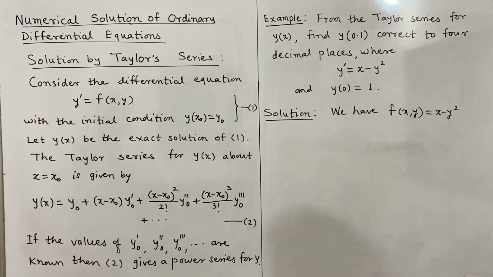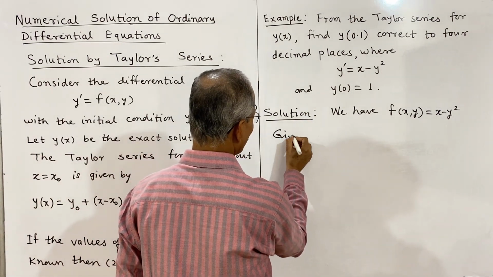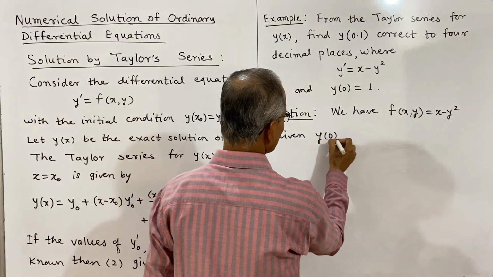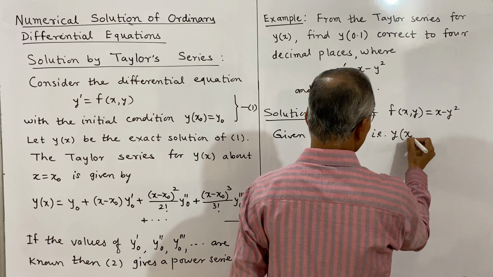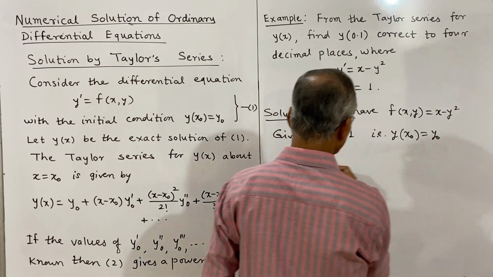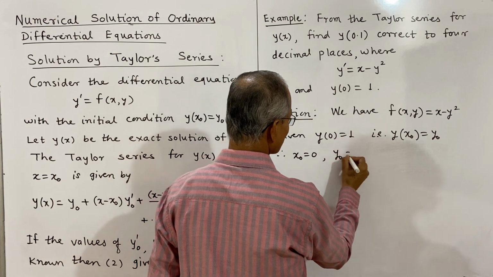This is our function, and that is actually y dash, and given y at 0 is 1, that is y at x naught is equal to y naught. Therefore, x naught is 0, y naught is 1.